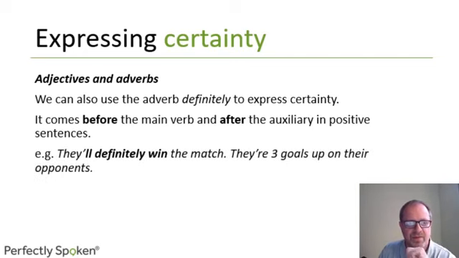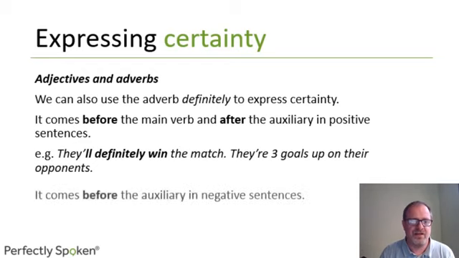They'll definitely win the match. They're 3 goals up on their opponents. They've scored 3 goals and their opponent's 0, or they've scored 4 and their opponent's 1. So they'll definitely win. So after the auxiliary, will here, before the verb win.